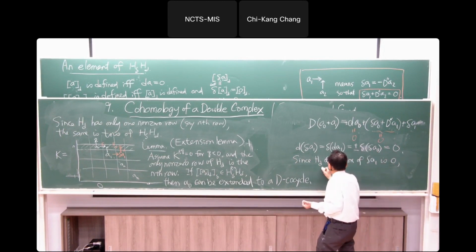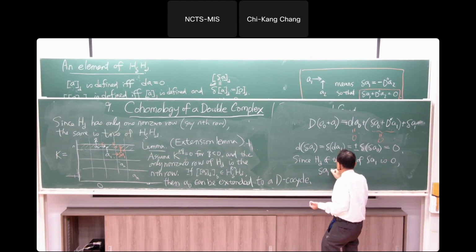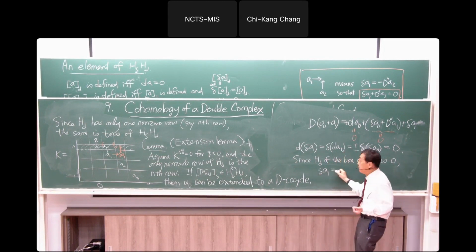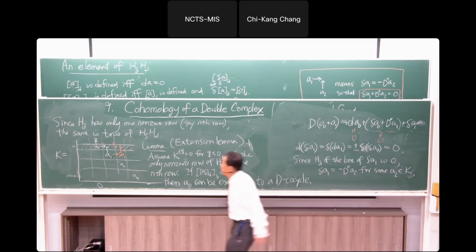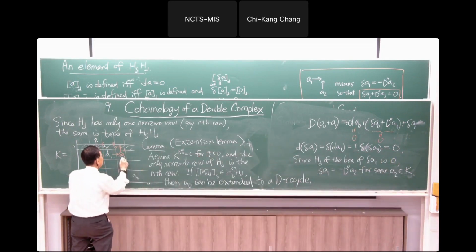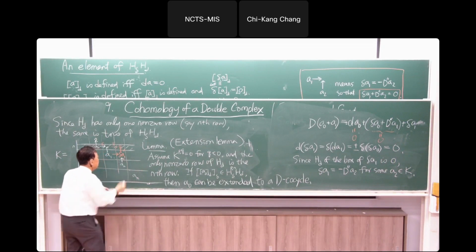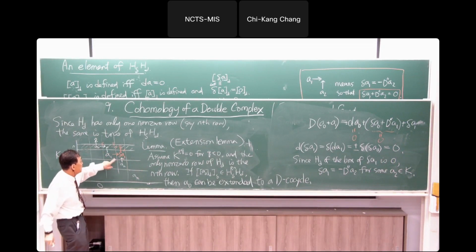So delta A1 has to be equal to minus d prime of A2 for some A2 in K. So you get this A2 now, and you have this picture now. You have extended your element by an A2.